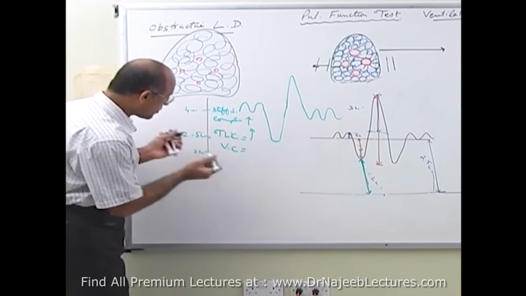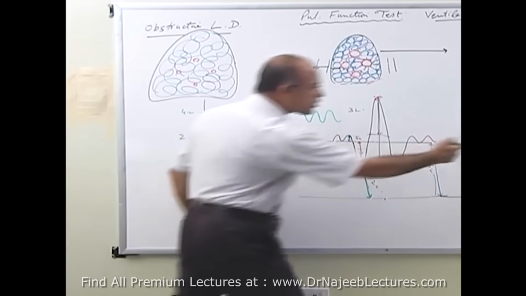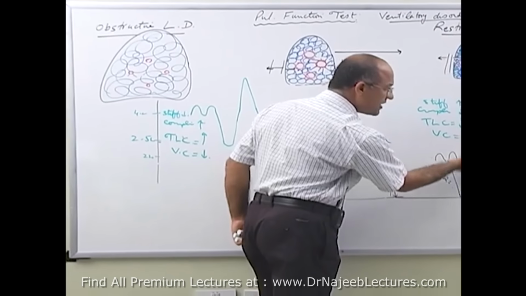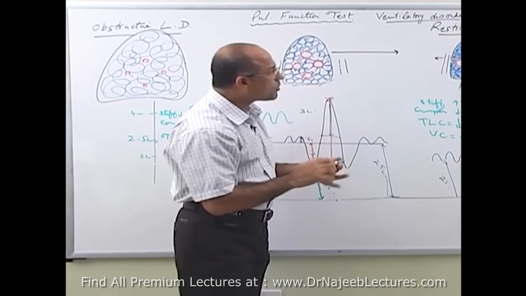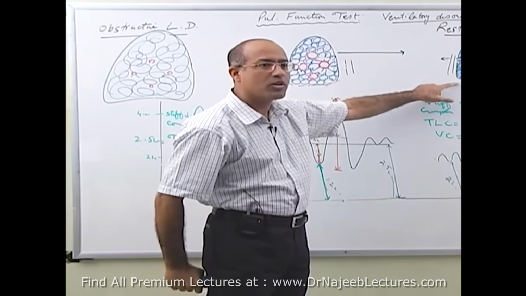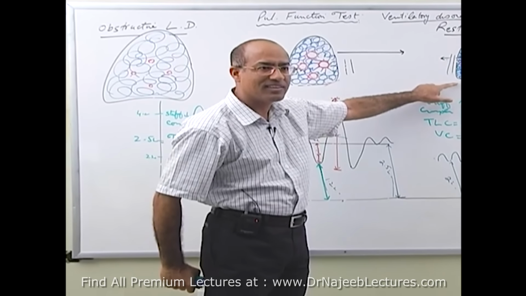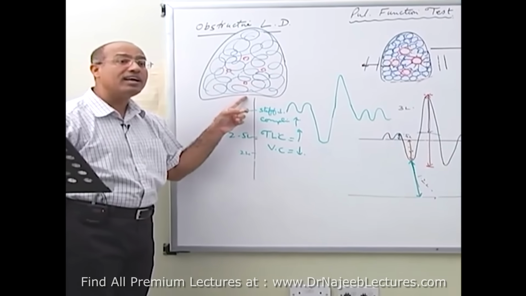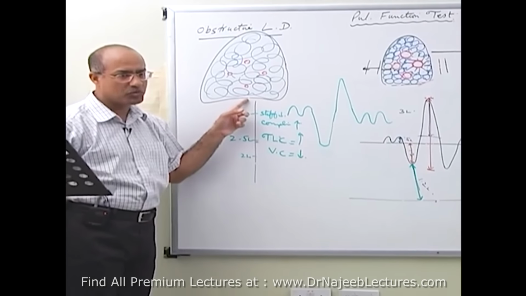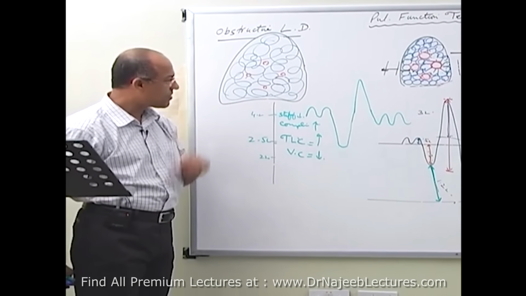Is that right? But here also vital capacity is less. Now, why is vital capacity less in restrictive disease? Because the lungs are stiffened. And why here is the vital capacity less? Due to airway obstruction, more resistance in the airways, right?